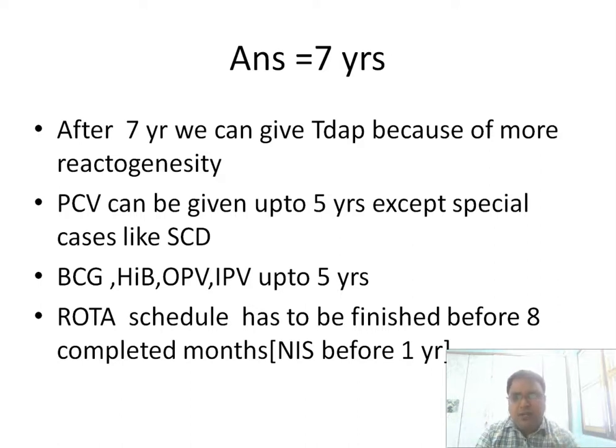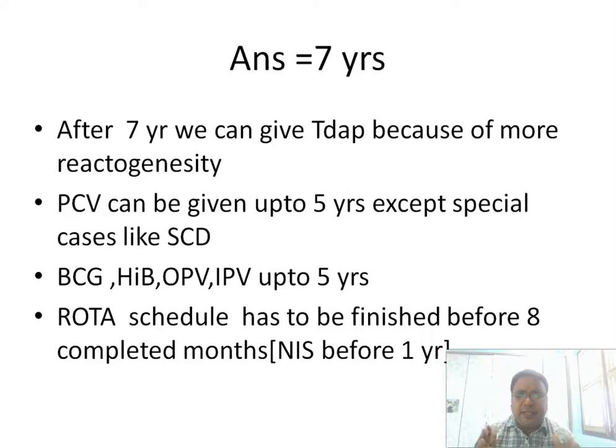Then PCV, pneumococcal conjugate vaccine can be given up to 5 years. It is indicated up to 5 years as per IAP, except certain situations like sickle cell, nephrotic syndrome, immunocompromised states. There we can give afterwards, but up to 5 years it is recommended. Similarly, BCG, HIV, OPV, and IPV are indicated as catch-up vaccination up to 5 years. One thing, BCG, as per NIS, it is recommended up to 1 year, not up to 5 years.